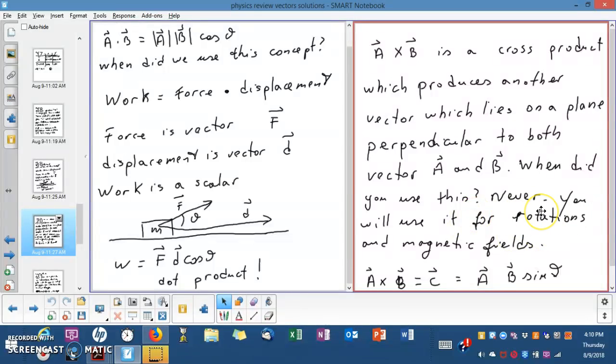You're going to see this as soon as we start talking about torques, or definitely when you talk about magnetic fields. But how to calculate it, you've got to know right now. When you do A cross B, this is now a vector C, not just a scalar, and it's the same as doing the product between A, B, and the sine of theta.